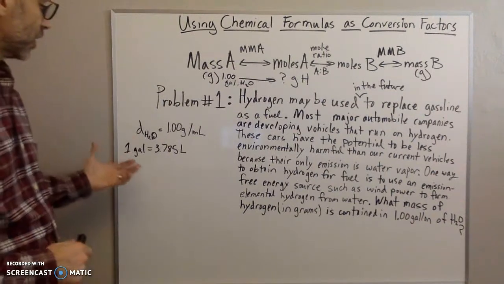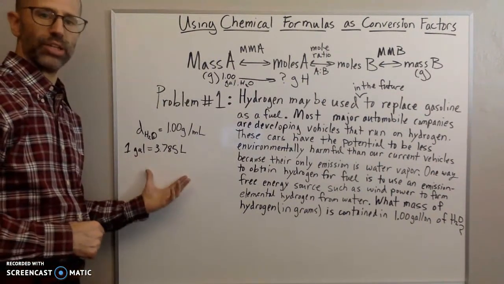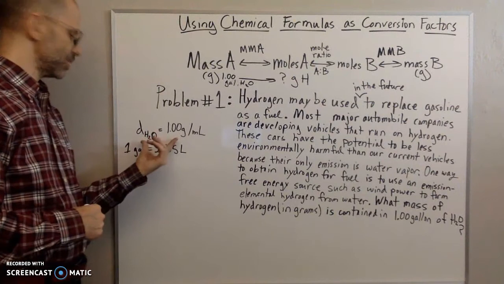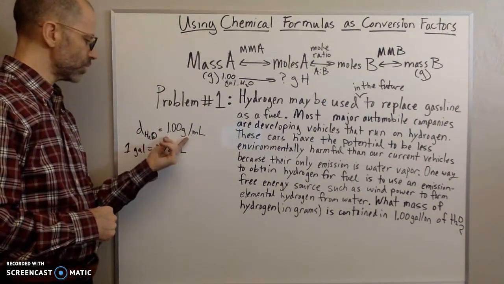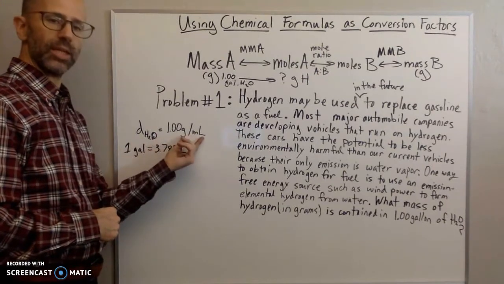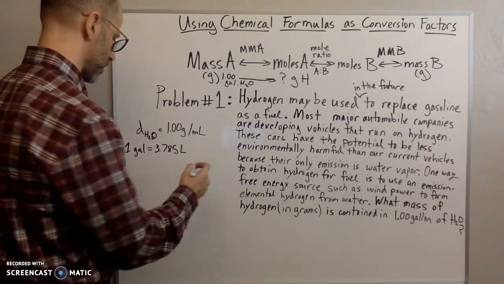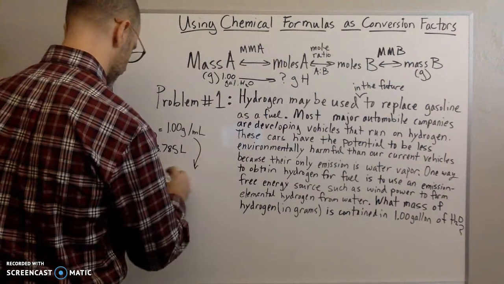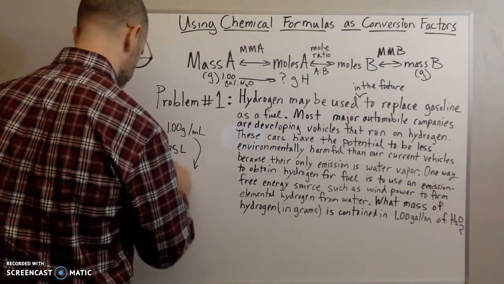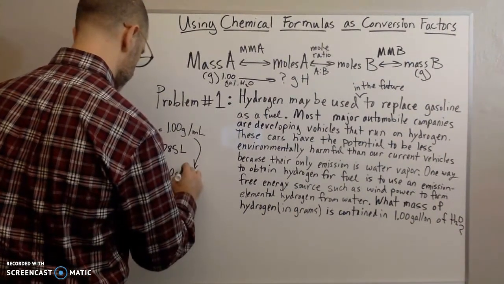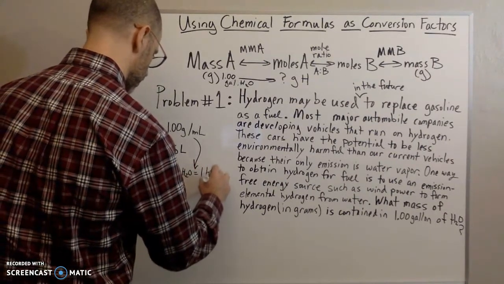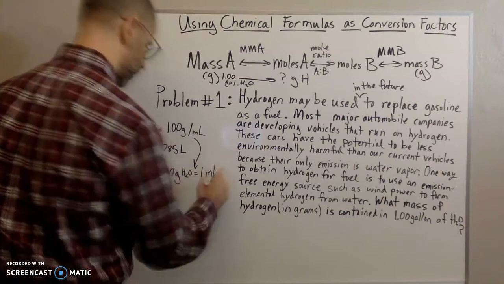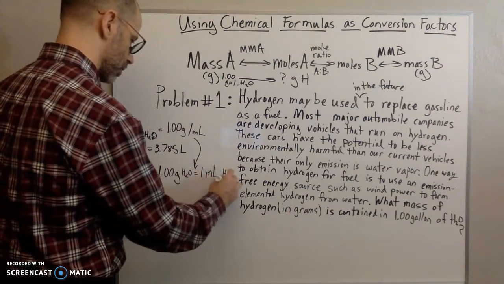And then we have some other information that we need to use. They give us the density of water. The density of water is 1.00 grams for every milliliter. That's going to be an equality. If we write that as the equality, it's 1.00 grams of water is equal to 1 milliliter of water.